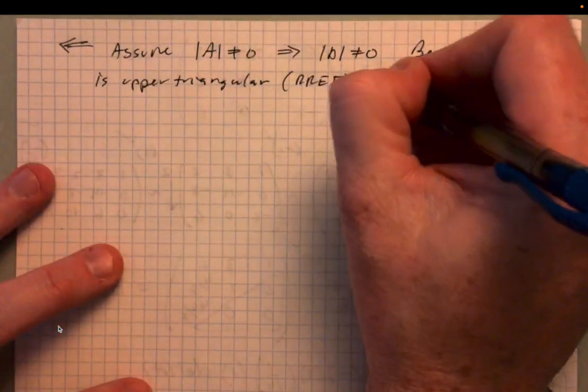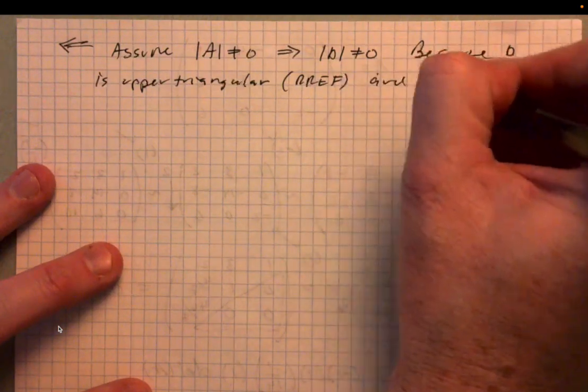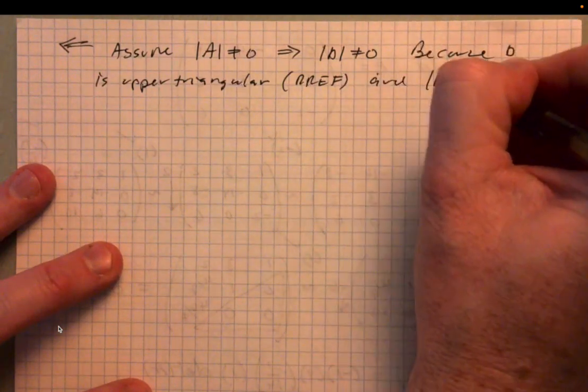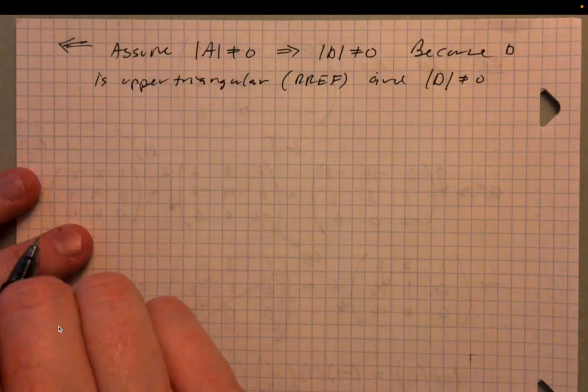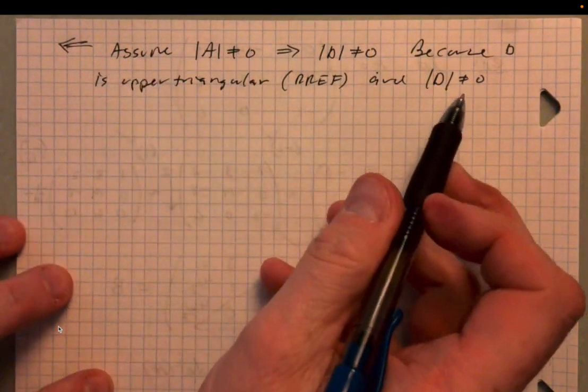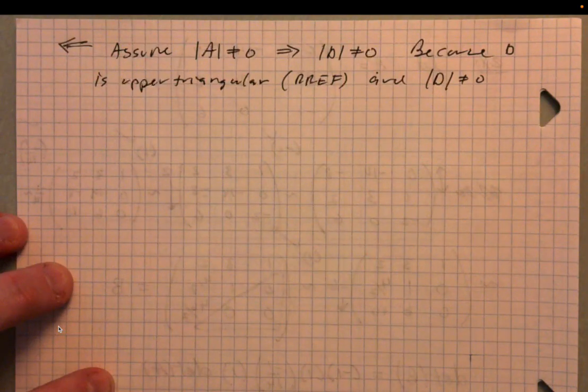And because D has a non-zero determinant, that's going to imply something about the diagonal entries. Because D is upper triangular and has a non-zero determinant, all the main diagonal entries are non-zero.